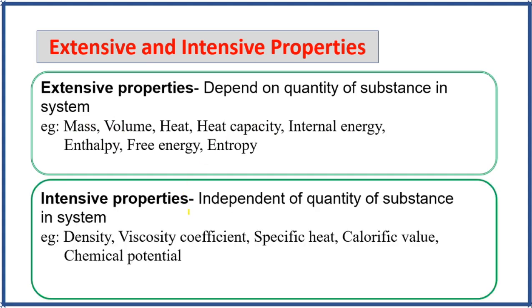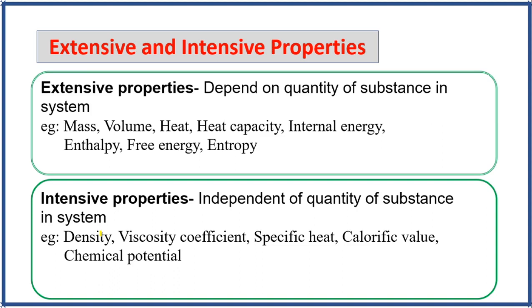Intensive properties. Intensive properties are nothing but the characteristic properties of the substance which is present in the system. For example, if you take density, density does not depend on the amount of the substance. It is the characteristic property of that particular substance.